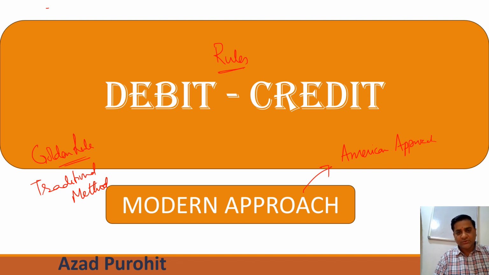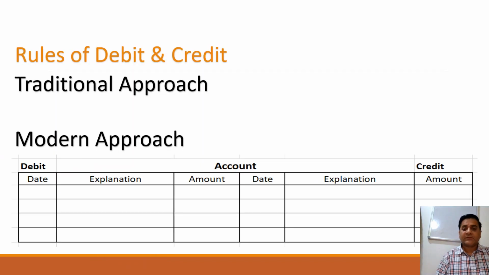And as we told you in the last class, debit would always be equal to credit. Whether you follow the traditional approach or the modern approach, the rules would always be the same, and the result by following any of these approaches would give the same output, right? In order to understand the rules of debit and credit, we have two approaches: the traditional approach and the modern approach.